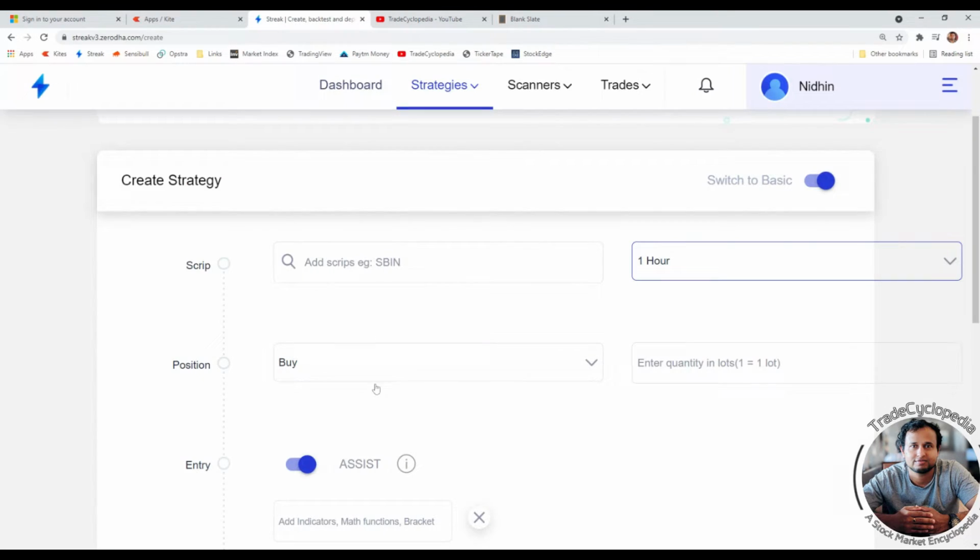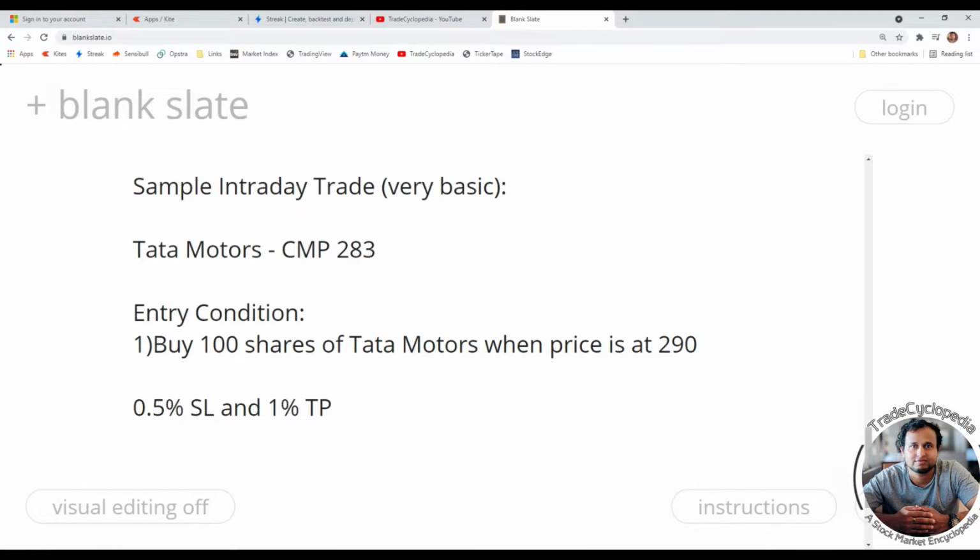So this is the broker account we have. I have Zerodha. And I'm planning to buy 100 shares of Tata Motors when the stock price is at 290 rupees. And let the stop loss be 1% and profit be 2%.